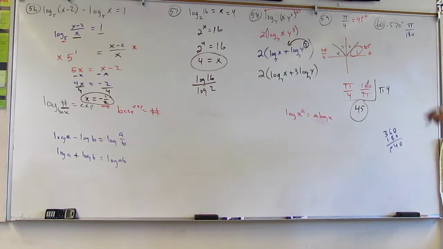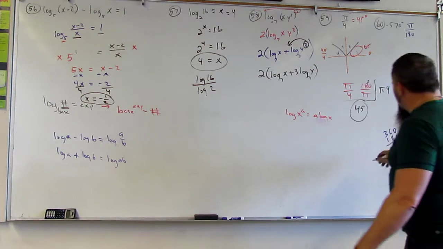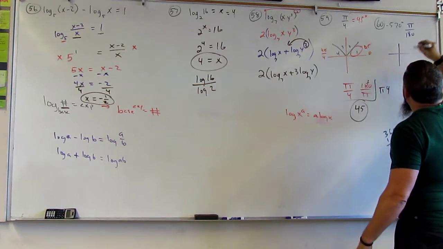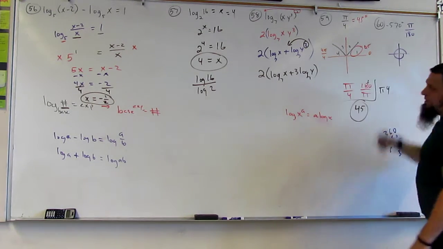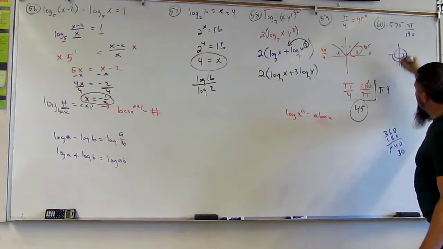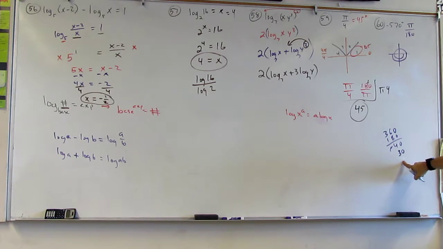So think of 540 from 570. That leaves how much? 30. Okay? So that means this is going to go around negatively. If I want to think about it like we did here, negatively 360 times, right? Plus another 180, plus another 30, right?